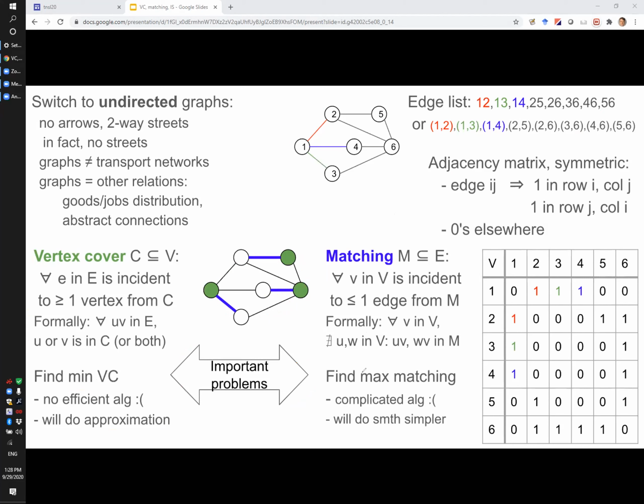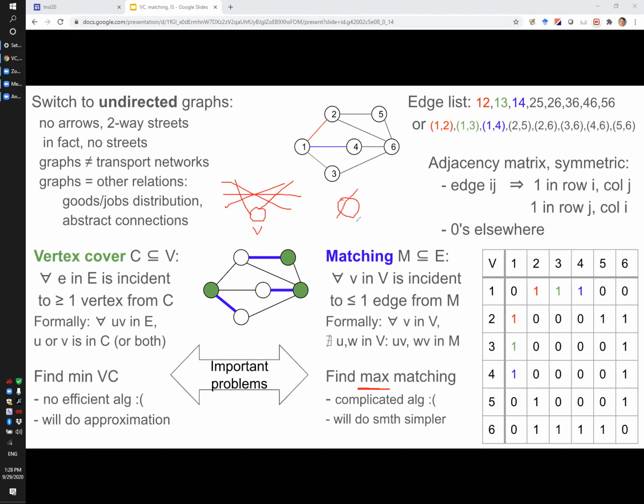For the matching, on the contrary, what you want to do is to find the maximum matching. One very simple matching is the empty set. If you don't choose any edges in the graph, then of course you will never have a situation when two chosen edges come to a single vertex V. This is a bad situation for a matching if you have two edges come into a single vertex.